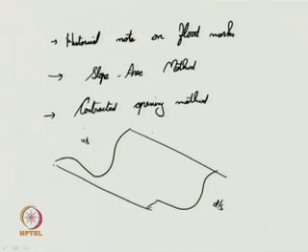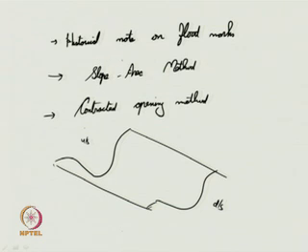Here in the contracted opening method, the principle of energy conservation is directly employed between upstream and downstream, and you are trying to evaluate the corresponding discharge. That we are not going to see in today's lecture. Definitely we are going to explain the slope area method.